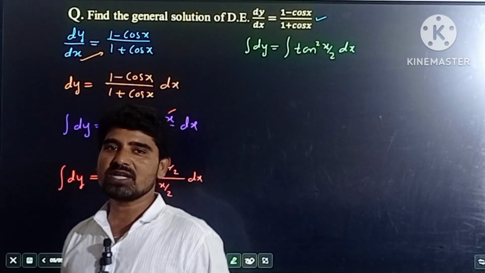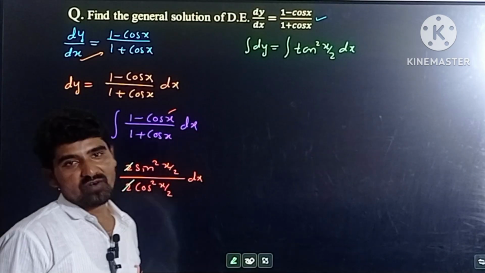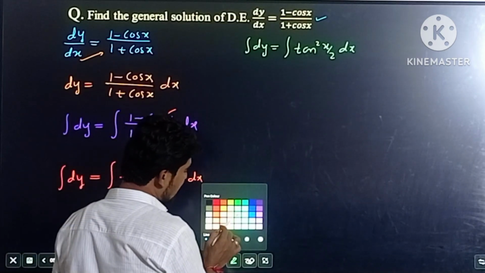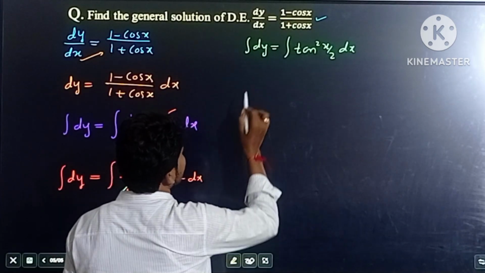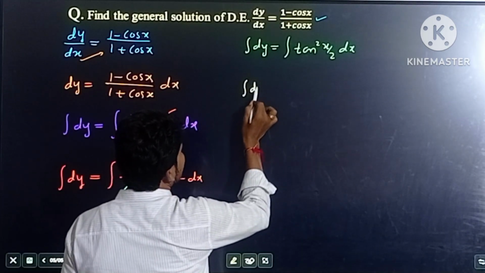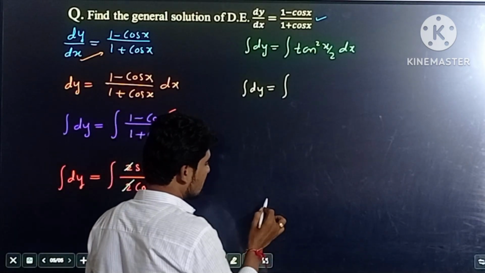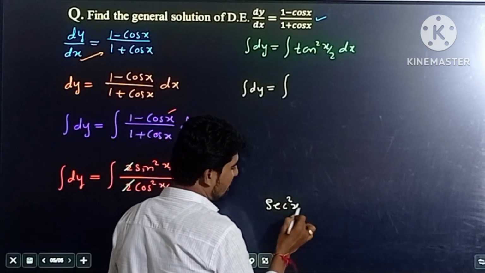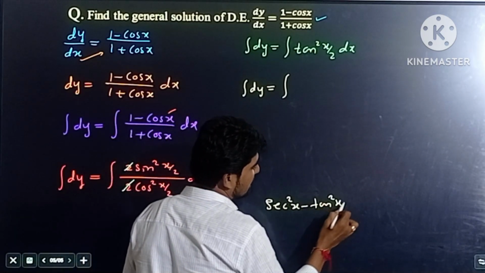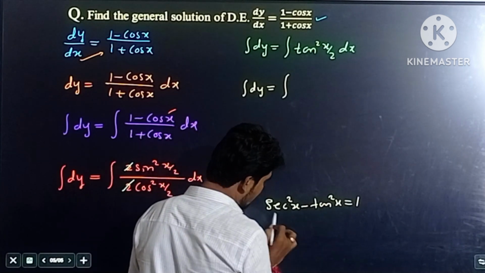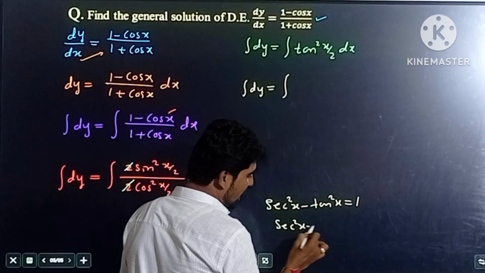Again, tan square x by 2 is not in an easily integrable form. So first we need to convert it to an integrable form by using the basic identities of the trigonometric functions. That is, the integration of dy is equal to the integration of, by using the golden formula, secant square x minus tan square x is equal to 1. By this formula, tan square x can be written as secant square x minus 1.